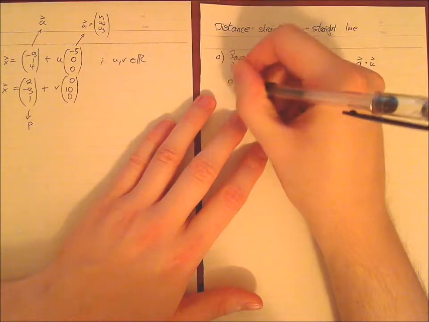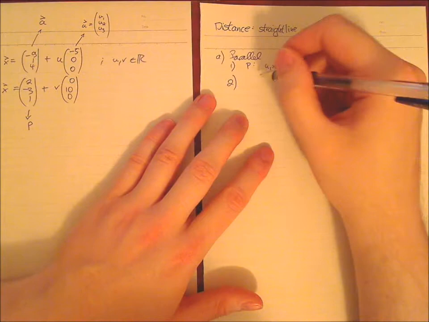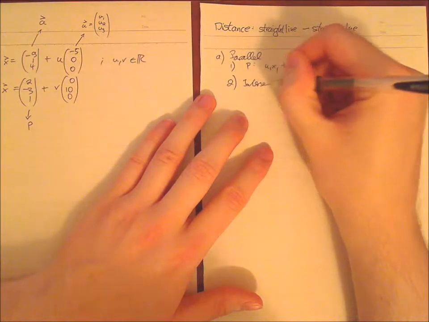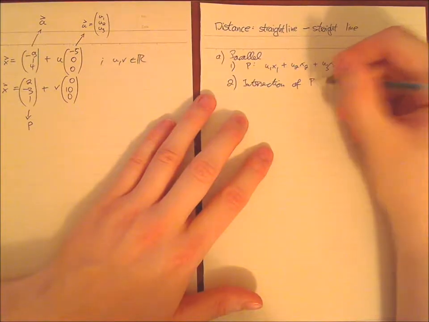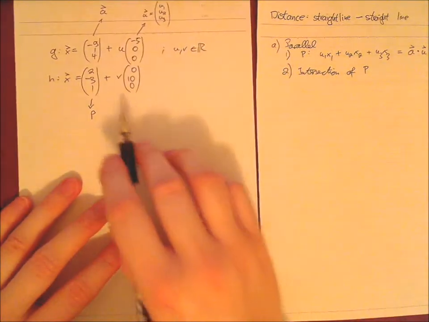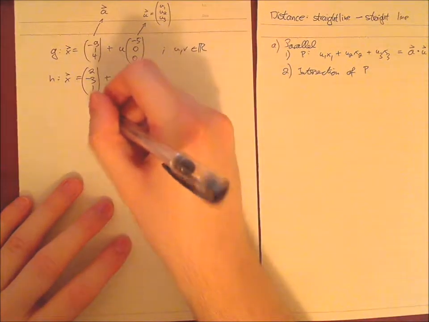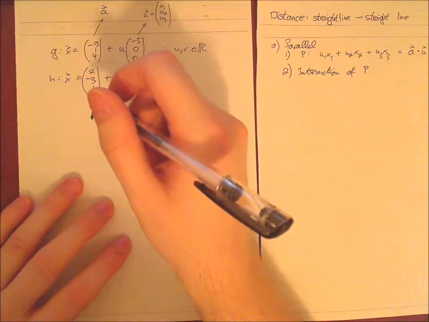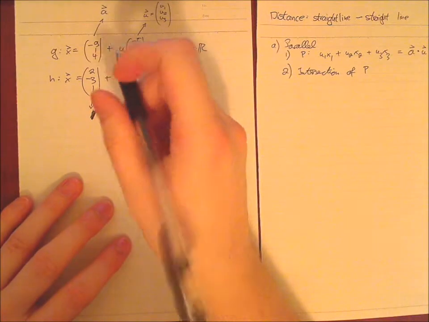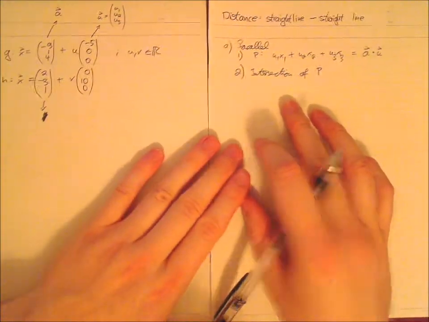Then, second step, we need the intersection of P. So now I realize maybe it's not good to call this point P, so we call it differently. I'm thinking of a name.